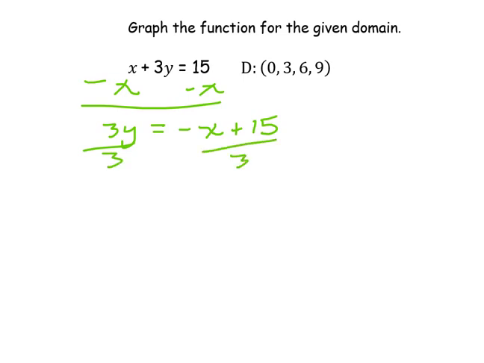And we end up with 1y = -x/3 plus 15 divided by 3, which is 5. So there's our function: y = -x/3 + 5.